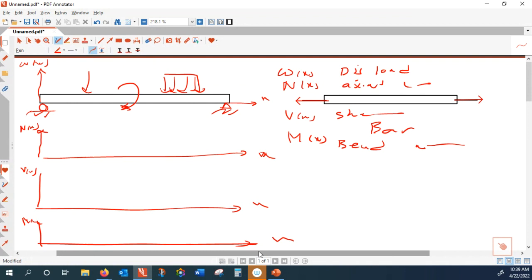The reason is, if we want to proceed from method of equation, w(x) is the starting point. So you do need to have w(x) to integrate, and by integration of w(x), you find V(x). And by integrating V(x), you find out M(x).